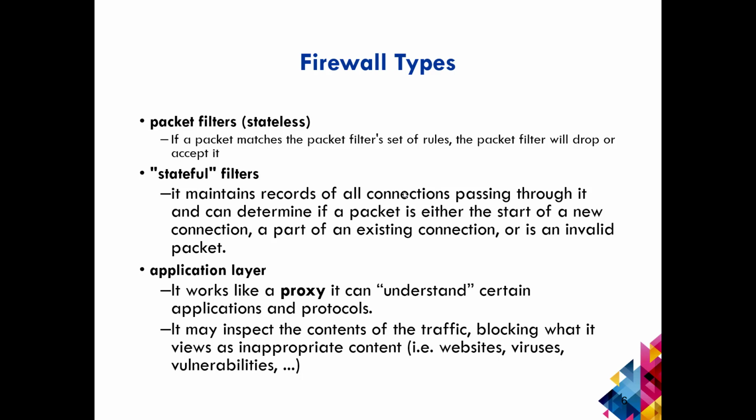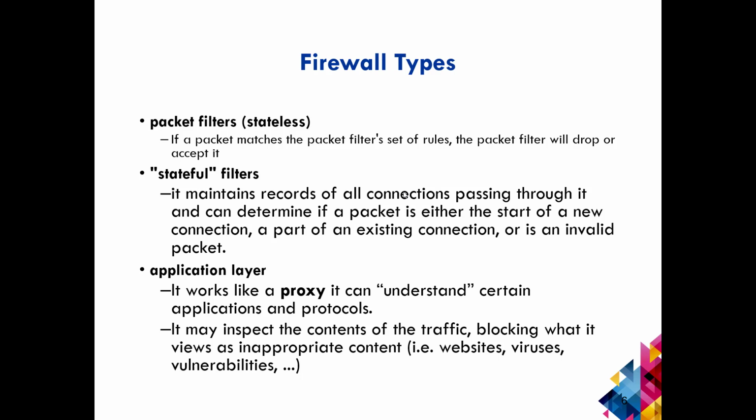The next firewall type we call the application layer. It works like a proxy. It can understand certain applications and protocols. It may inspect the contents of the traffic, blocking what it views as inappropriate content, for example, website viruses, vulnerabilities, and everything.